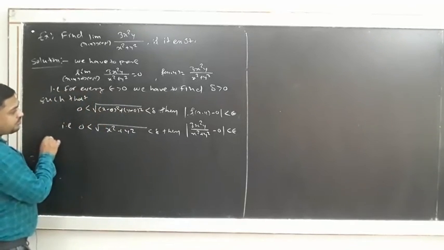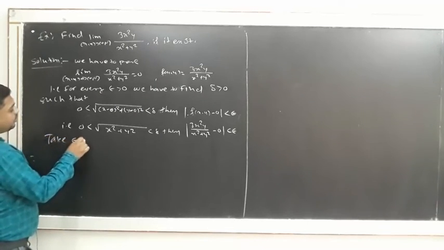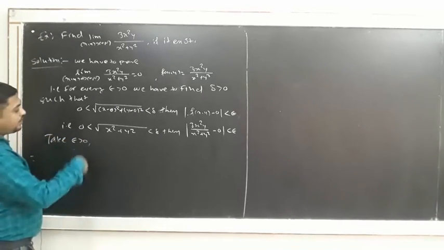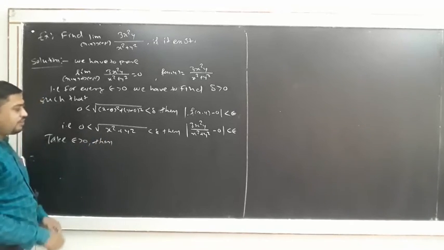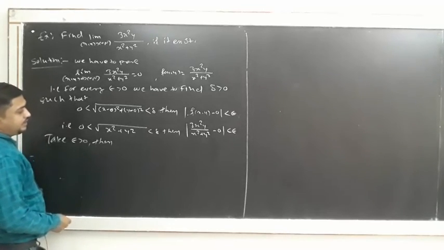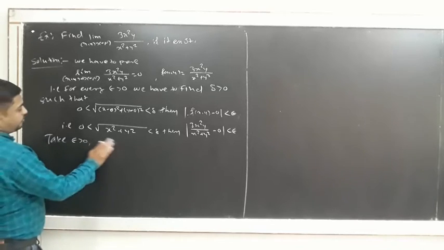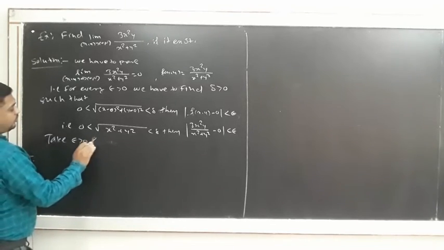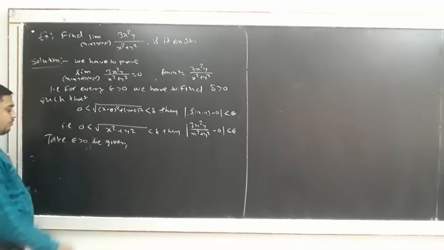Take any epsilon greater than 0. Then we have to find the delta. Let epsilon be given.